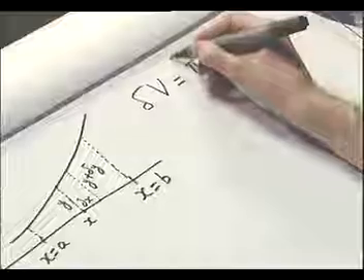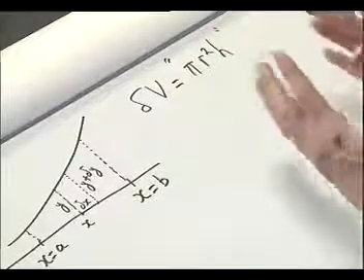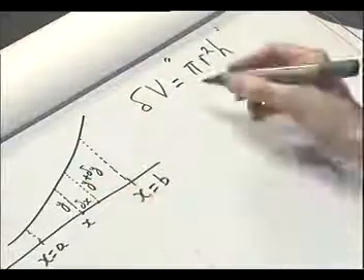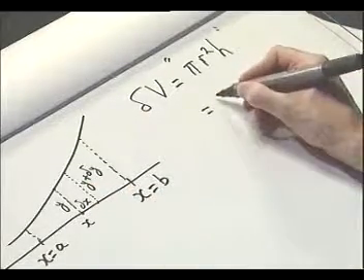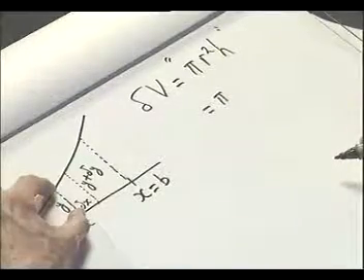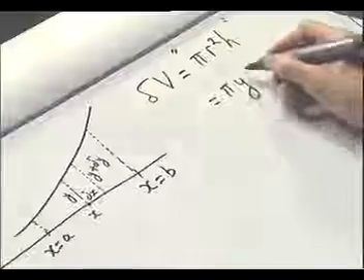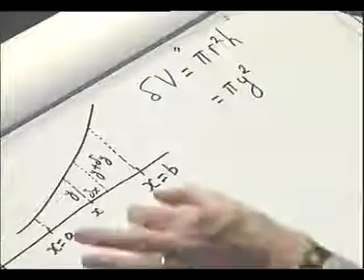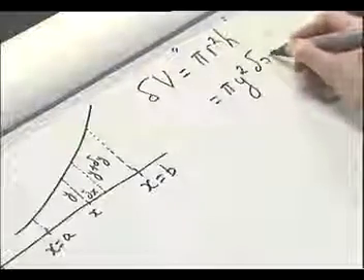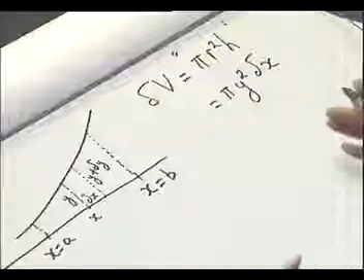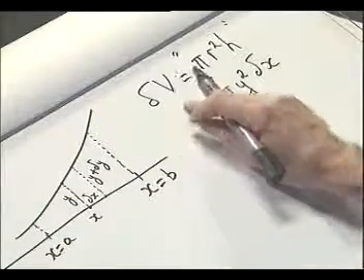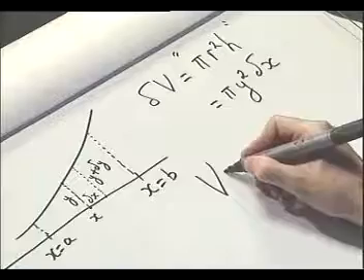Let me put that in inverted commas just to show that it is the formula for a cylinder and not quite what we've got here. So this is going to be pi, and the radius of this disk is y, so that's pi y squared, and its height is this thickness delta x. So if we want the volume of the whole of the solid, we need to add up all of these little bits.